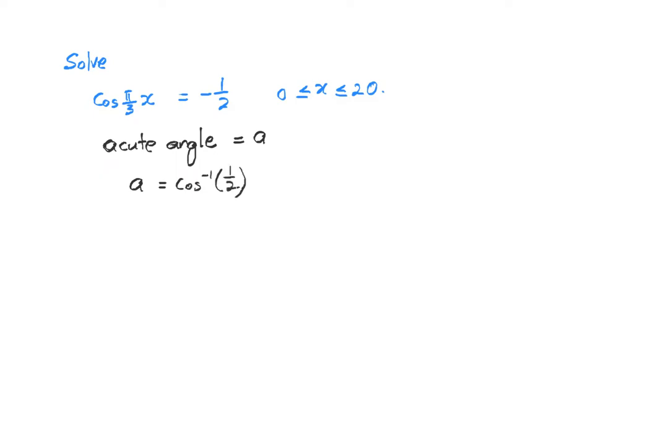Are you clear? So cos inverse half is a special angle, pi over 3. Correct? This is the exact value.